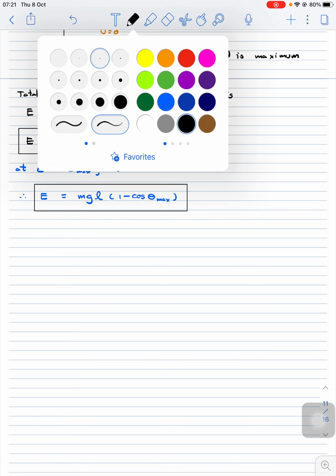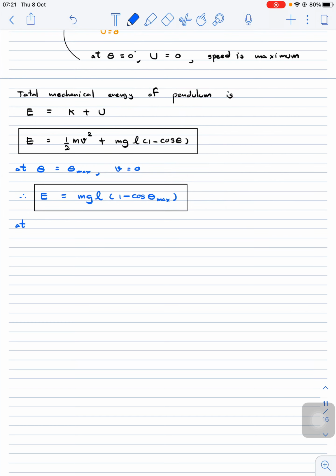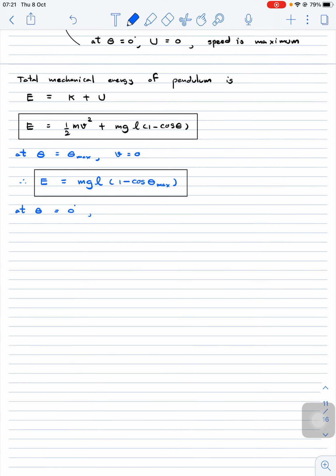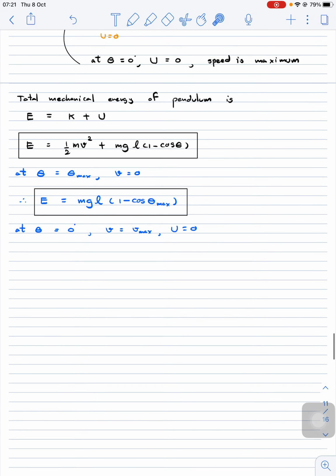Okay, so when theta equals 0 degrees, we have that v is going to be equal to v max, and then U must be equal to 0.